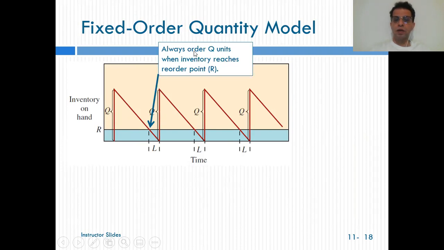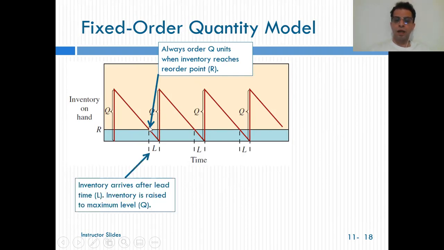So always order a quantity Q when the inventory reaches the order point, which is this one. And then inventory arrives after a lead time, so 1 week or something.